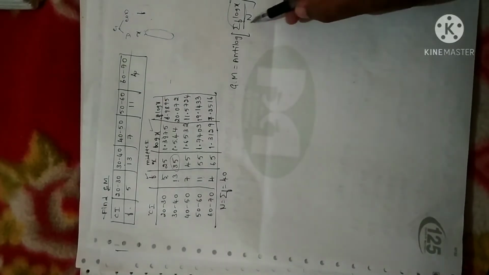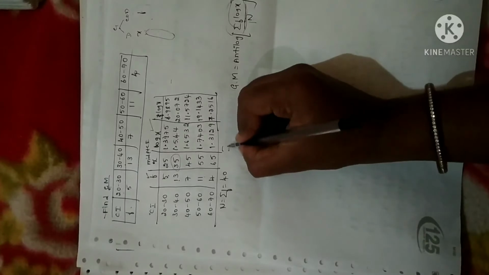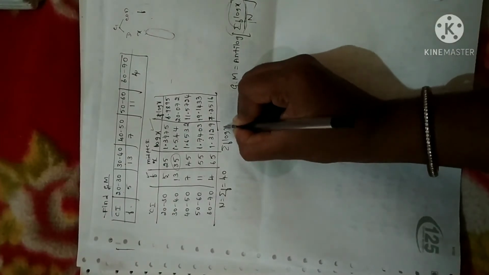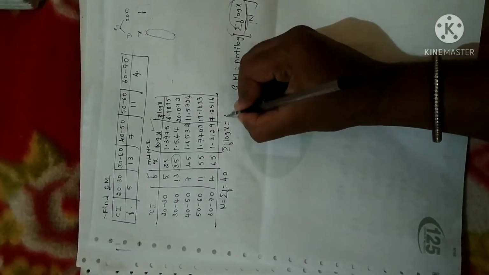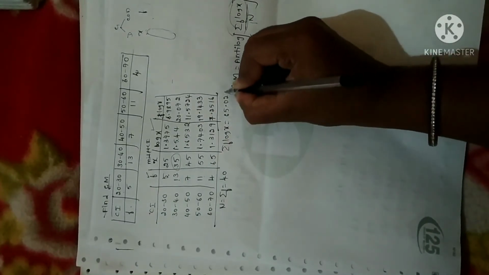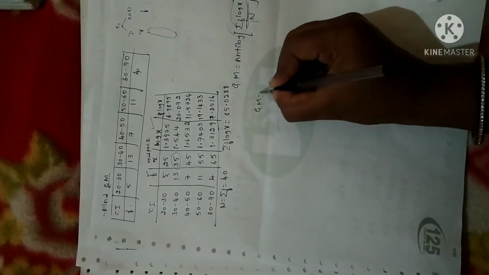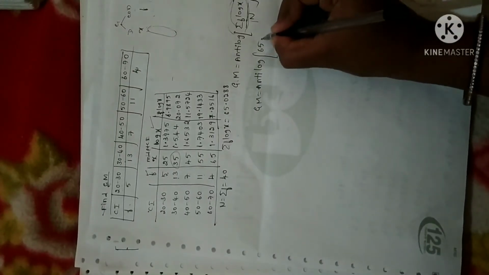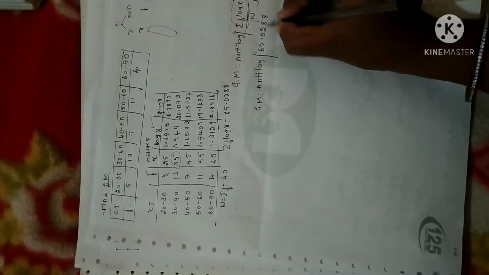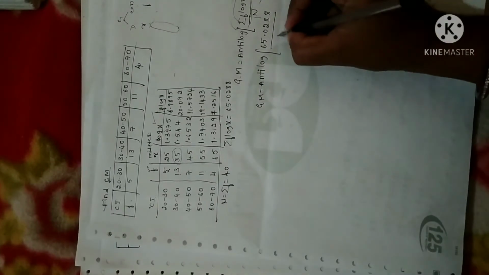Now we have to add the values, that is summation of f log x. Use the calculator and add these, you will get 65.0288. Now substitute: geometric mean is equal to antilogarithm of sigma f log x, which is 65.0288, divided by capital N, which is 40.